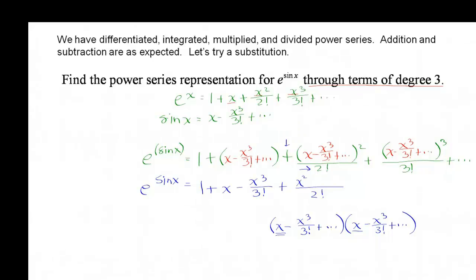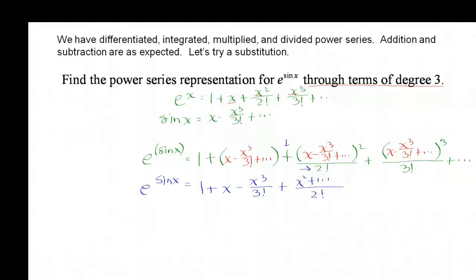If I multiply x times that term, that gives me something that's x to the 4th. I don't need to include that. If I multiply this by that term, that gives me x to the 4th. I don't need to include that. If I multiply this times that, that gives me something that is to a power of 6, x to the 6th. So that first multiplication is the only thing that I need to include.